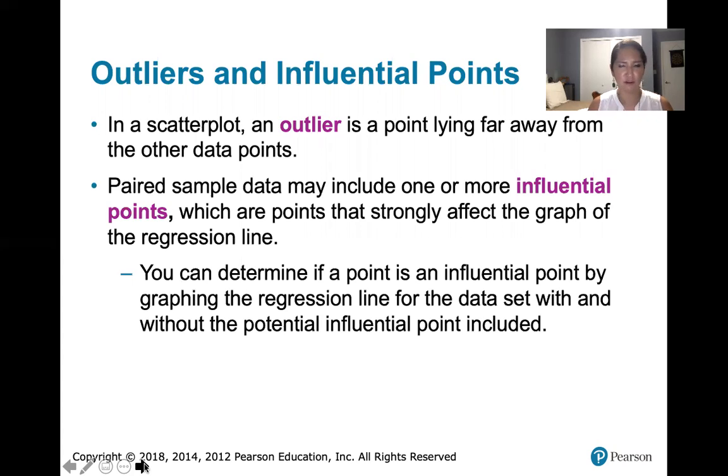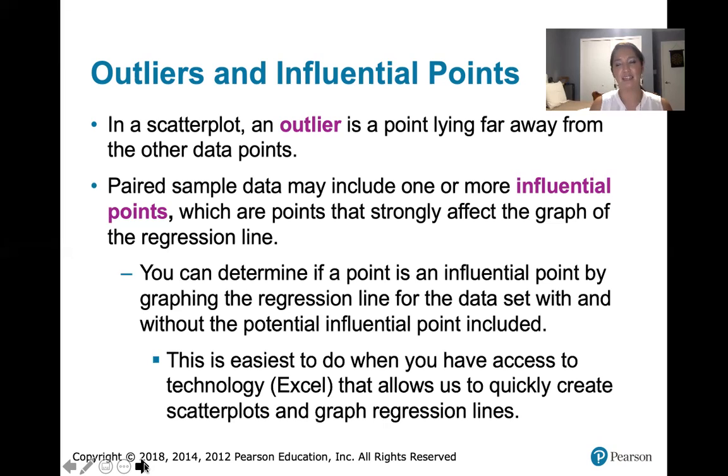You'd create the regression line when you have the influential point included in your sample, and then you would come up with the regression line again, this time not including the potential influential point in your sample. If the regression line changes dramatically, that point is an influential point.